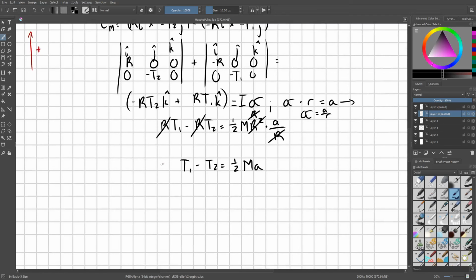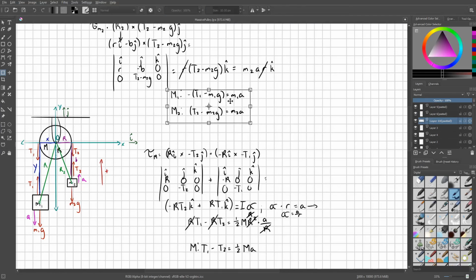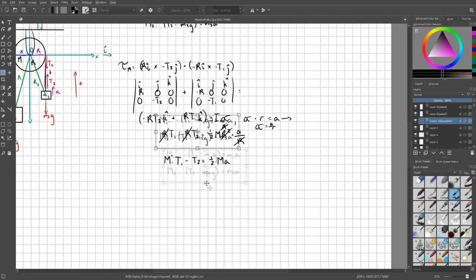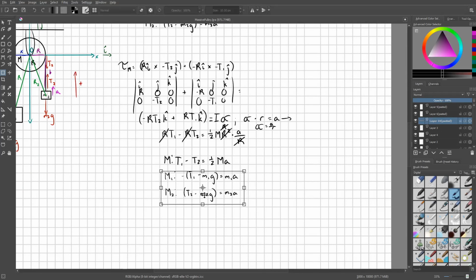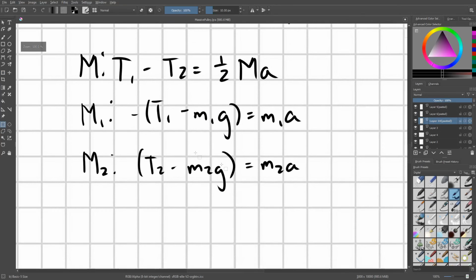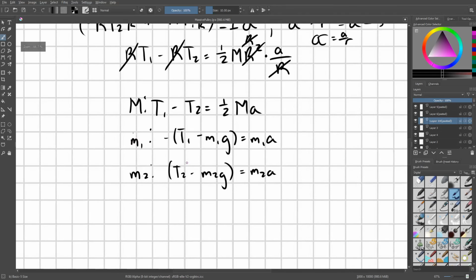So this was for M. Here's m1 and m2. And for clarity, I'll go ahead and replace these with little m1 and little m2. Okay, there we go. Now we've got our system of equations.